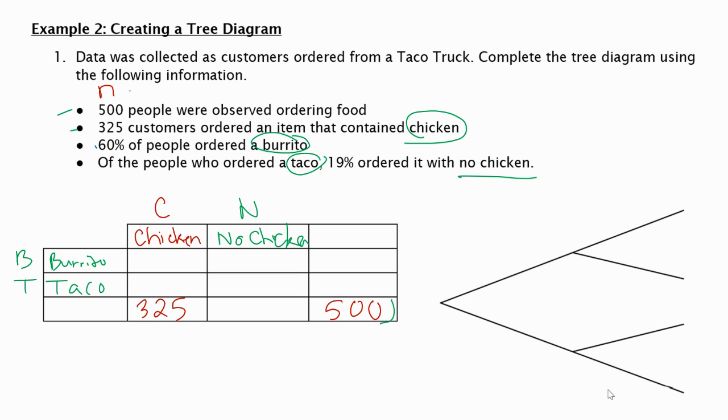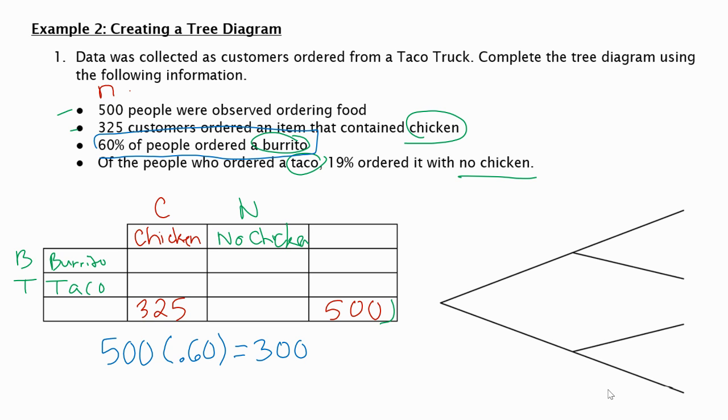We then have 60% of people ordered a burrito. So of 500 people, 60% ordered a burrito. So I'm going to take that 500 and multiply it by 60%. But again, I have to write it as a decimal. So 60% of 500 is going to be 300 people.